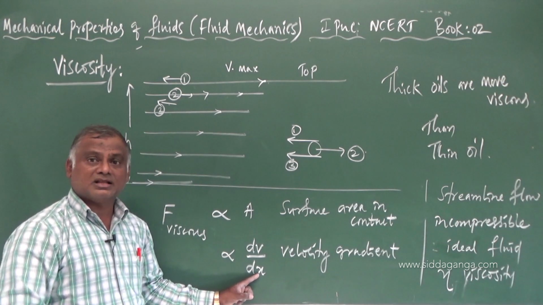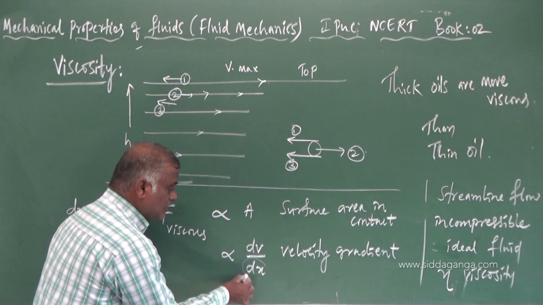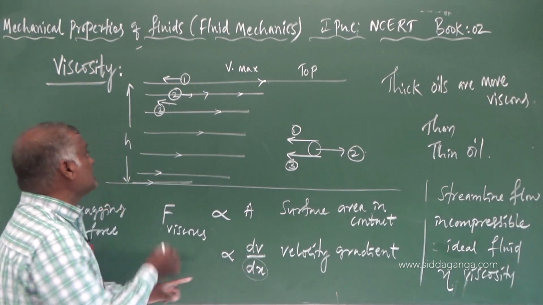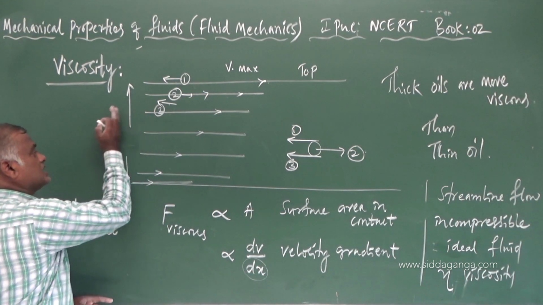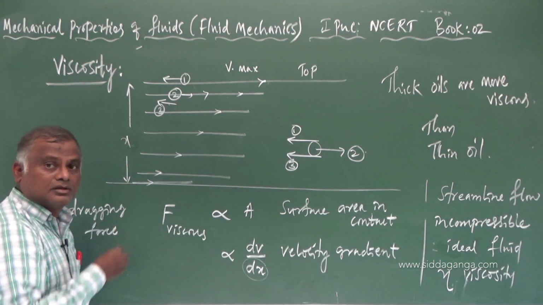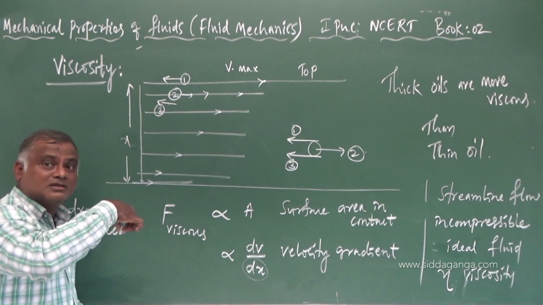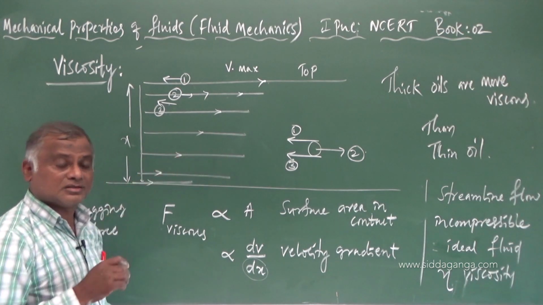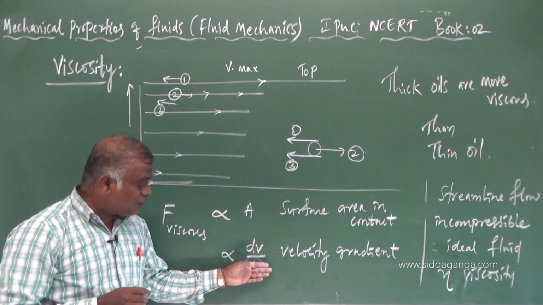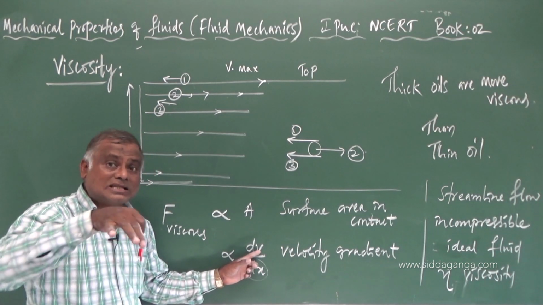Here what happens, my dear students? With increase in distance, let us instead of h call this x, depth. Means if I go down, what happens? Depth of the fluid increases. As the depth of the fluid increases, what happens? Velocity decreases.